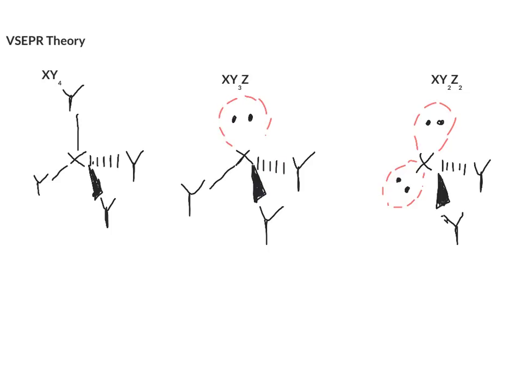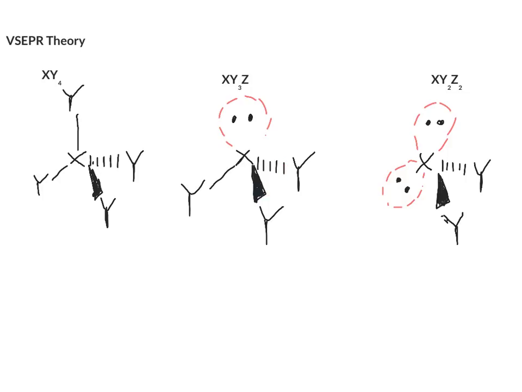A reminder that the idealized bond angle for a tetrahedron is 109 degrees, 109.5 degrees in some texts. But this lone pair causes this bond angle to squeeze in tighter.